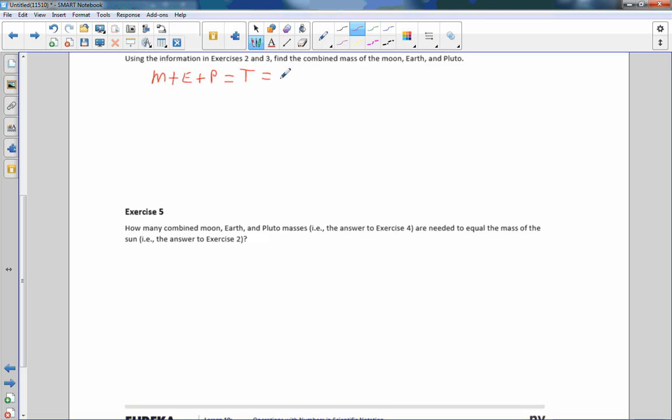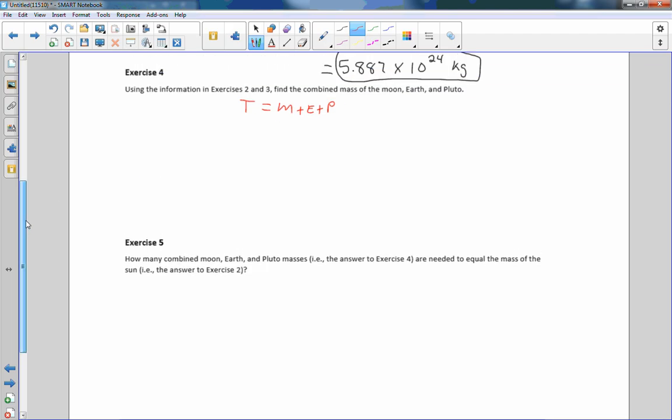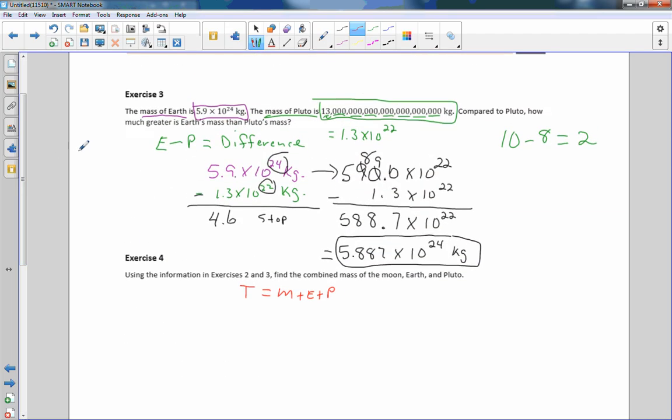Okay? So I'm going to write it this way. I just want to have the thing that I'm solving for all by itself on the left. It just feels better to me that way. So the total equals these. So now I need the mass of the moon. And it said to use the information from exercises 2 and 3.